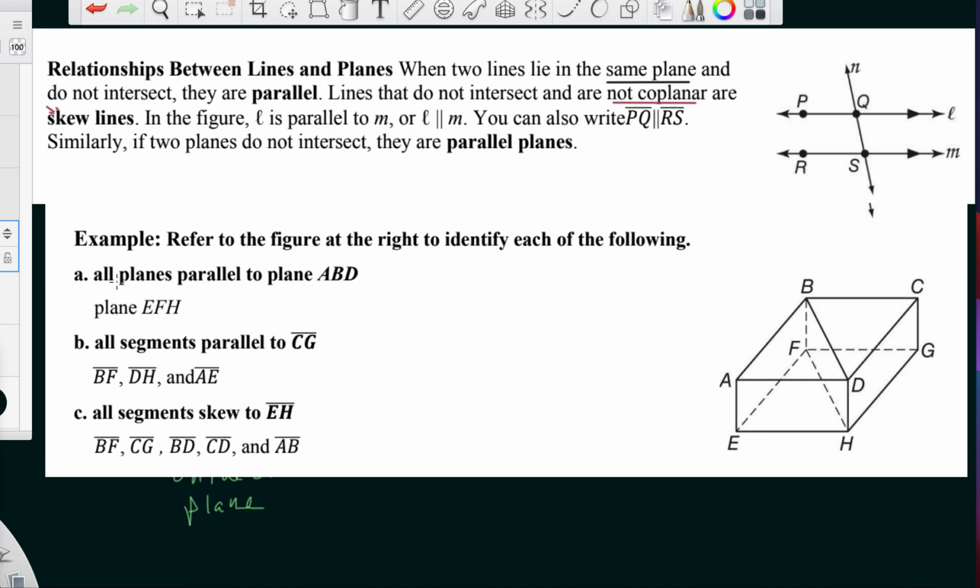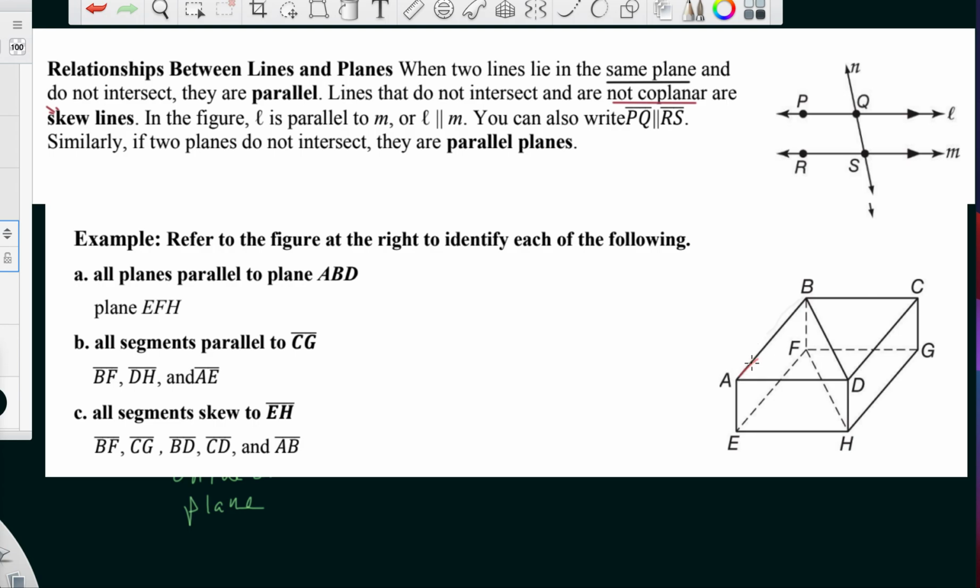And it says, name all planes parallel to ABD. Okay, that's the top of this figure here. So it's, oh, I'm not drawing on this. Well, I should be, right? Oh, maybe it's over here. Let's see if I can draw this way. Oh, I was drawing in white. Sorry about that.